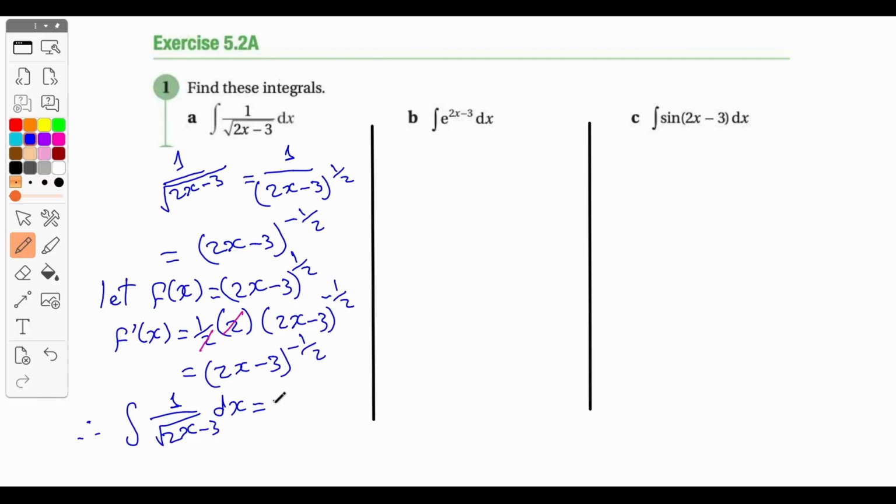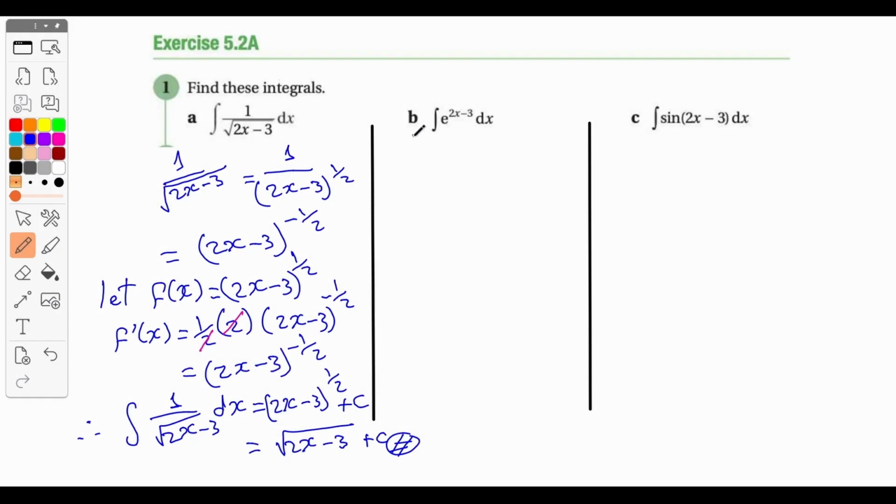So the answer will be 2x minus 3 to the power of half plus c, and the power of half is the square root, so it equals the square root of 2x minus 3 plus c. So this is the answer of question 1a, given in the book. This one could be solved just using the information that integration is the inverse of differentiation.